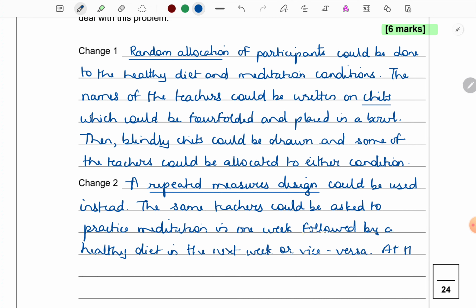At the end of each week, heart rate could be measured. The sequence of meditation and diet could be alternated for half the teachers.